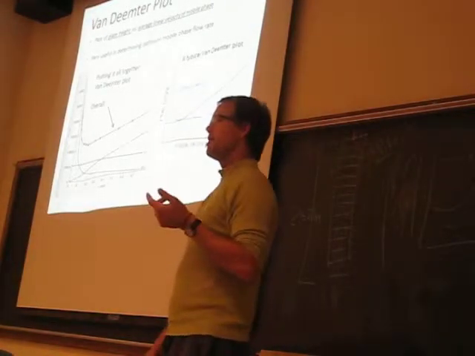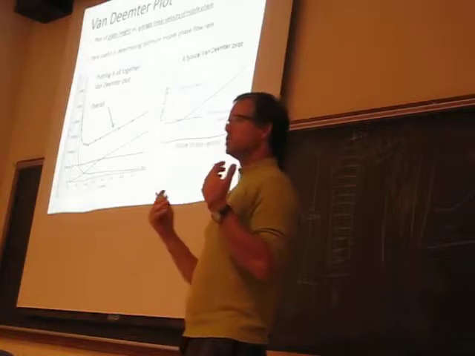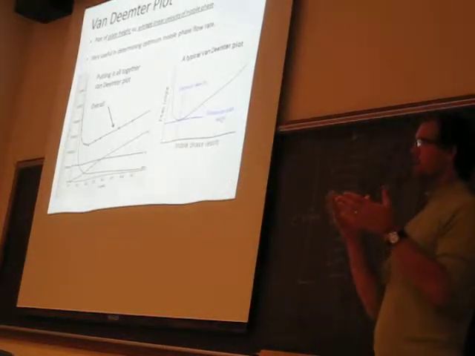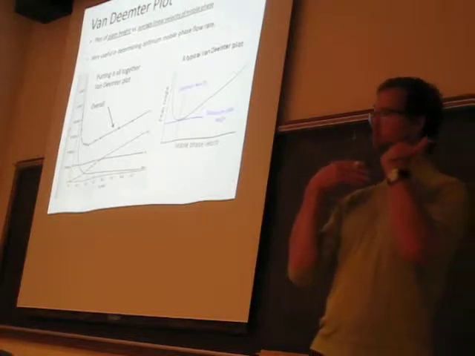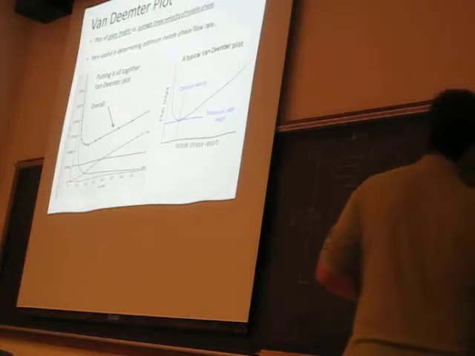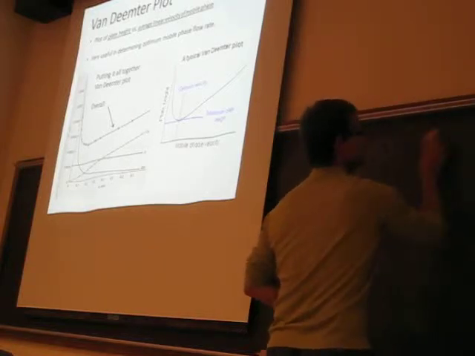And now I have the chore of trying to say, how am I going to set parameters when I'm designing a separation method in order to optimize my separation? So this is what we know.